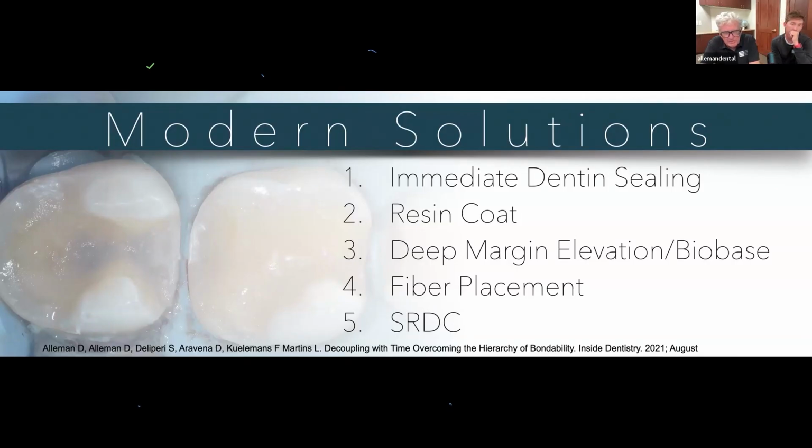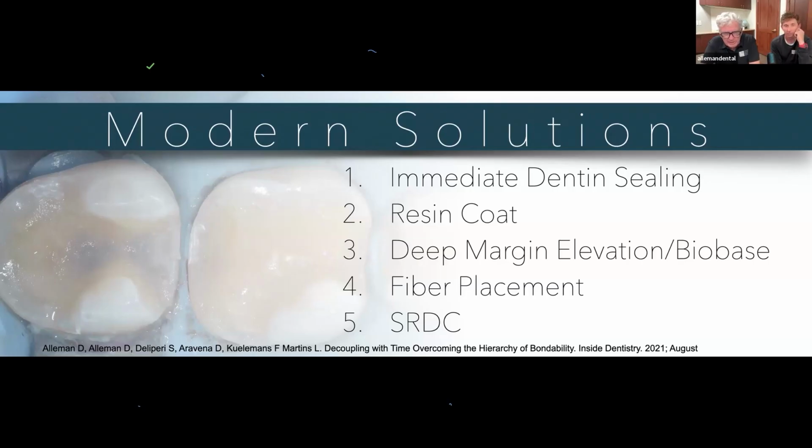So these are the 5 breakthroughs that once they were published in the 90s and in the early 2000s, all of a sudden we had the ability to understand, if you understand flow and you understand a hierarchy of bondability, to predict which restorations are going to be twice as durable or 3 times or 4 times.